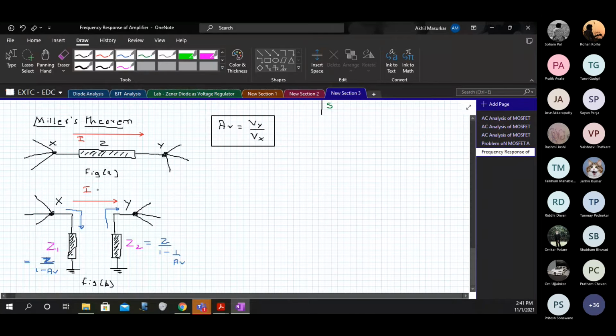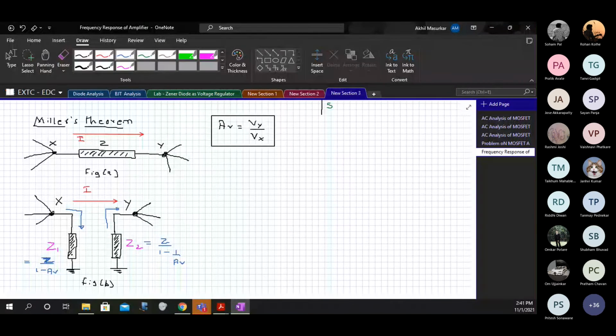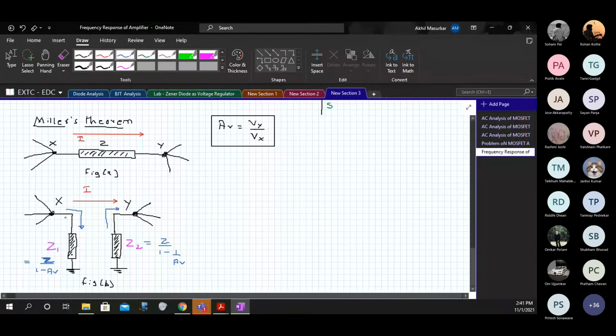So now if you see case 1, if you look at the input side, the current is flowing from X to Y. The value of current is going to be Vx upon Z1, or Vx minus 0 upon Z1, and actually the value of I is also equal to what?